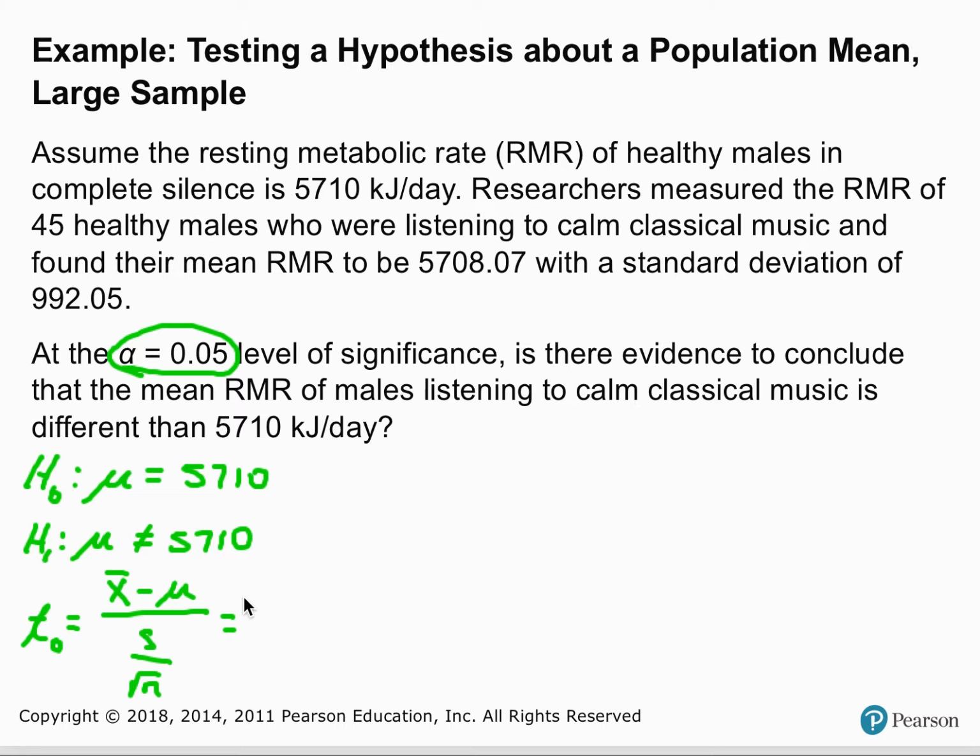So X bar, 5708.07 minus the mean that we're assuming, over the standard deviation over the square root of n.